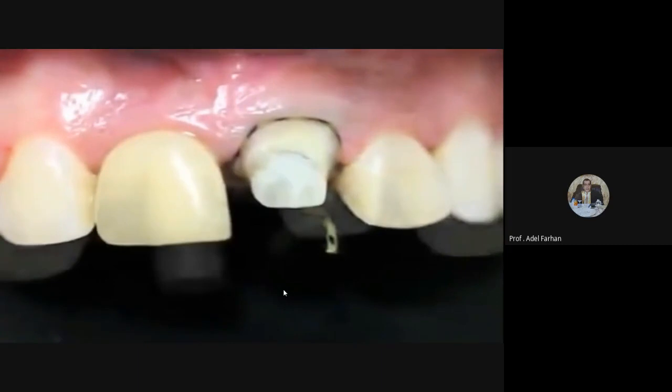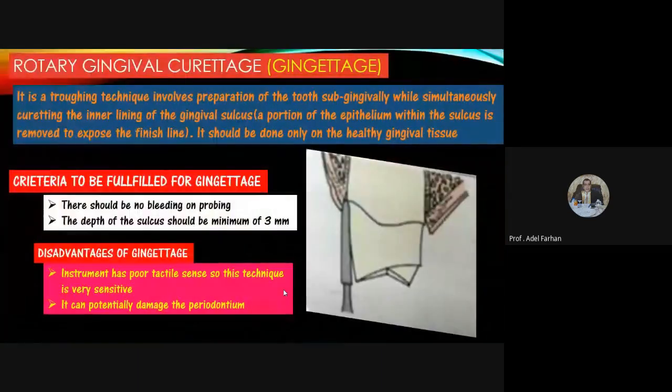Another technique for retraction is a surgical technique: rotary gingival curettage, or gingitage.